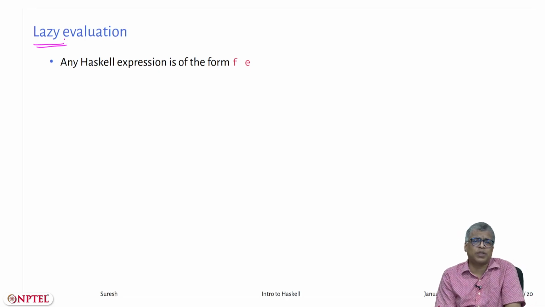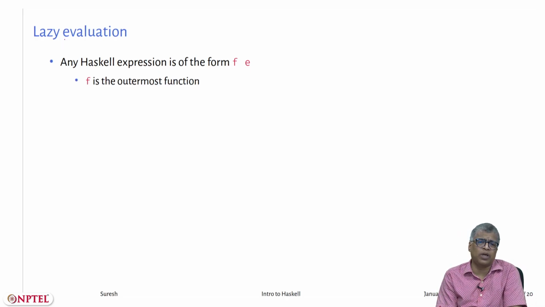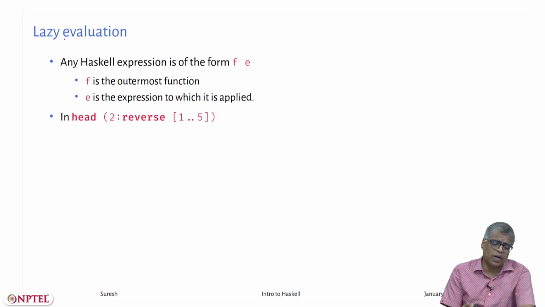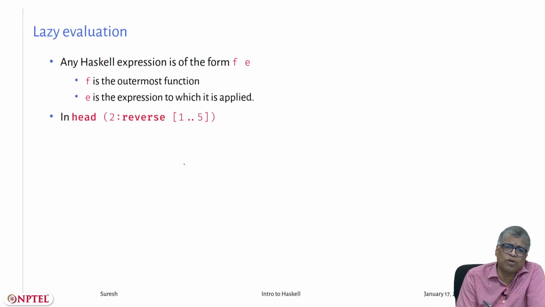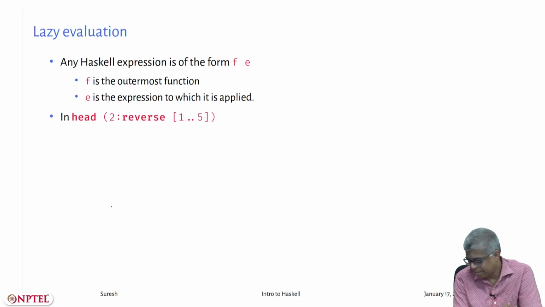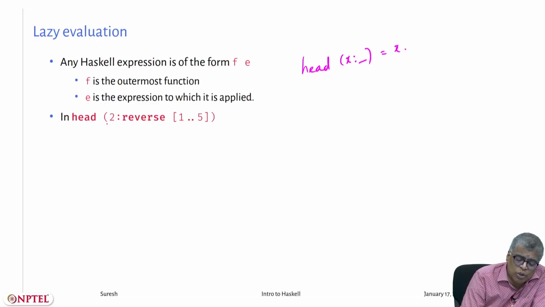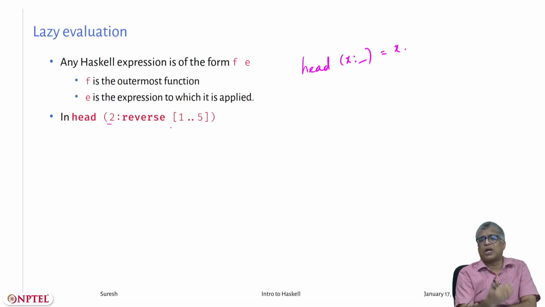So, any Haskell expression is of the form some function F applied on E. F is the outermost function, E is the expression to which it is applied. Let us say head of 2 colon reverse 1 dot dot 5. Head is the outermost function, 2 colon reverse 1 dot dot 5 is the expression. Now, the definition of head is as follows: head of x colon xs is x. So, your 2 colon reverse of 1 dot dot 5 is already in that form.